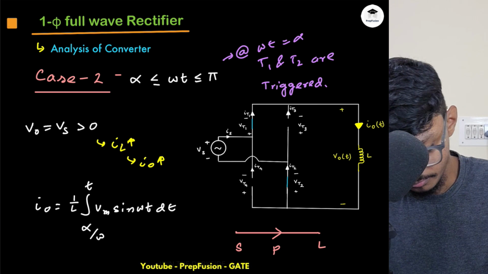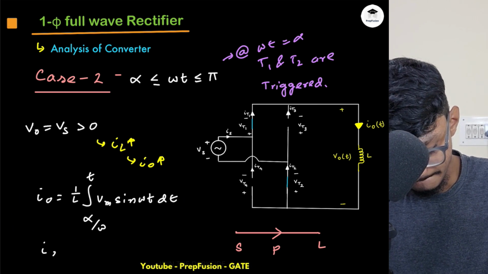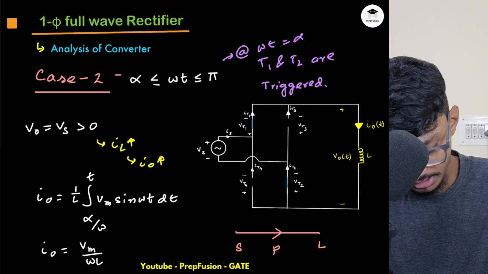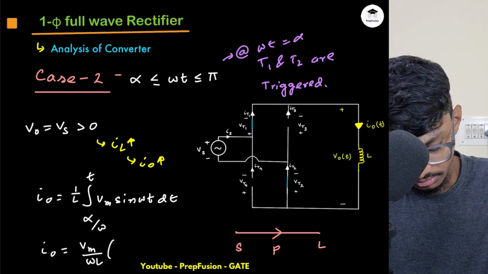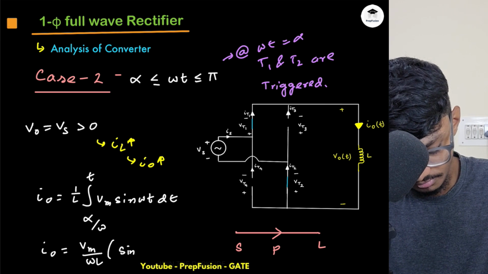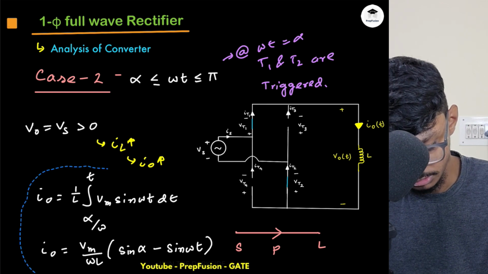If I derive this expression, IO will be Vm by omega L, cos alpha minus cos omega t.